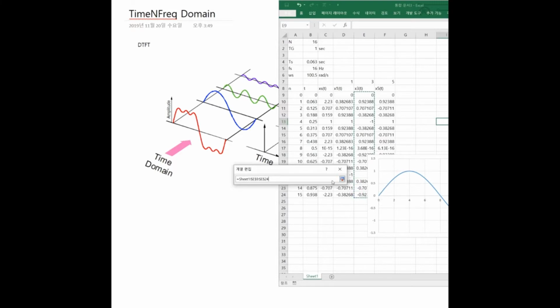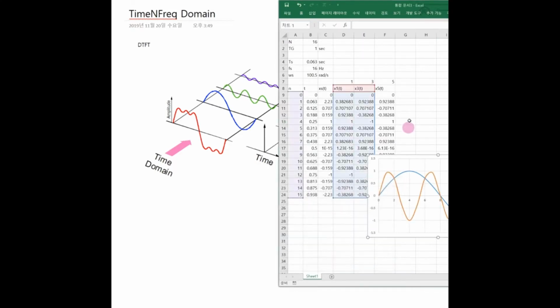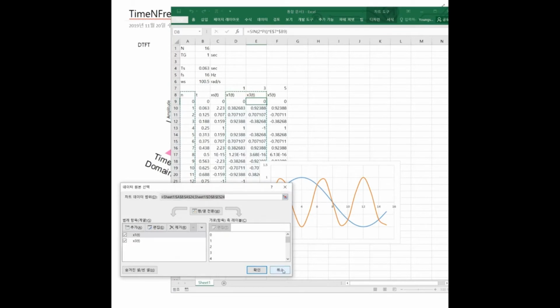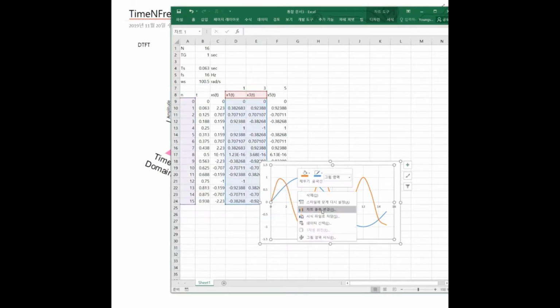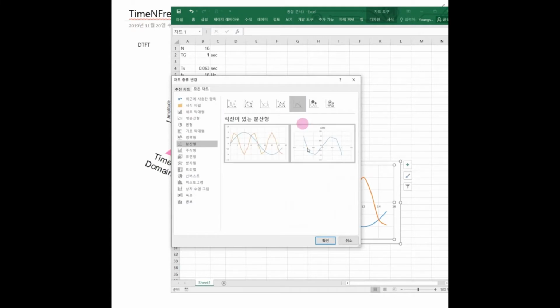But this one should be scaled down. I have to use the chart type linear.